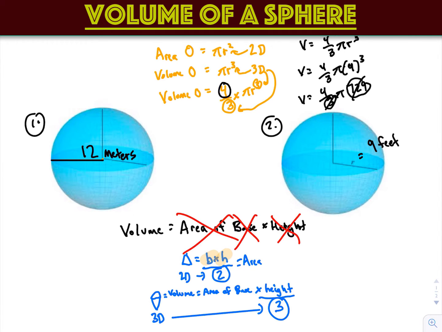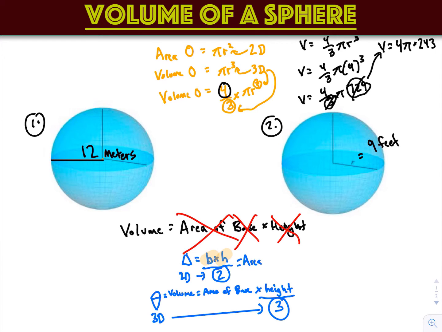729 divided by 9 is 243, because I know that 3 goes into 72 24 times, and then 3 goes into 9 3 times. So I'm left with volume equals 4 pi times 243.